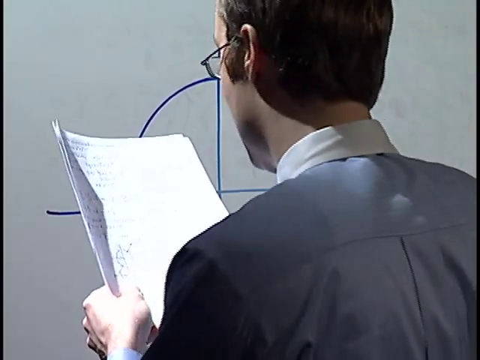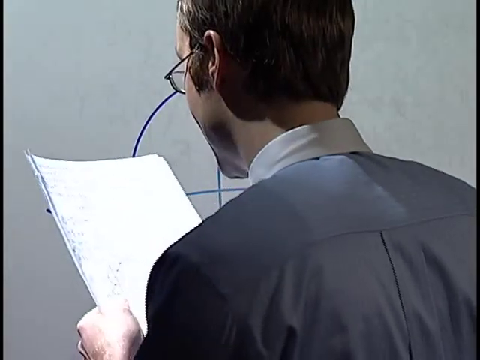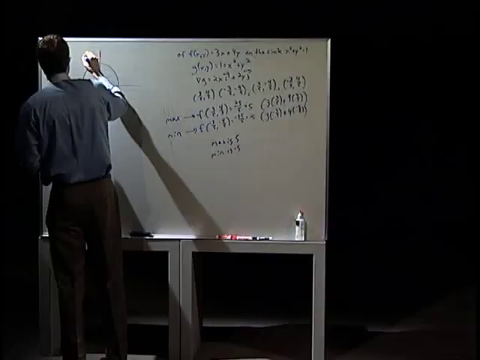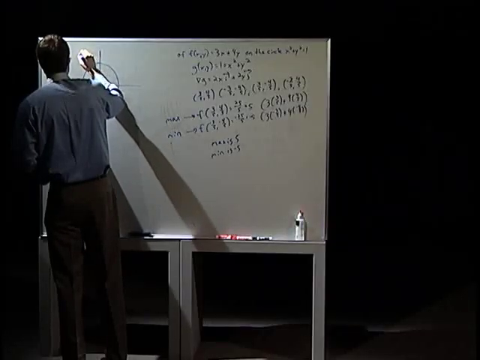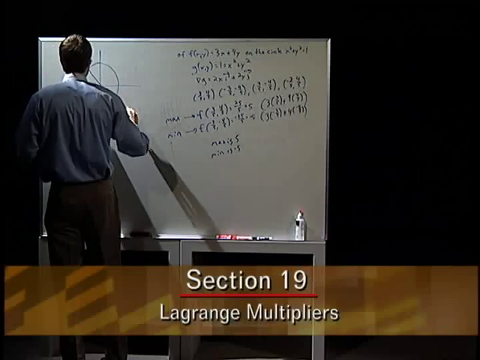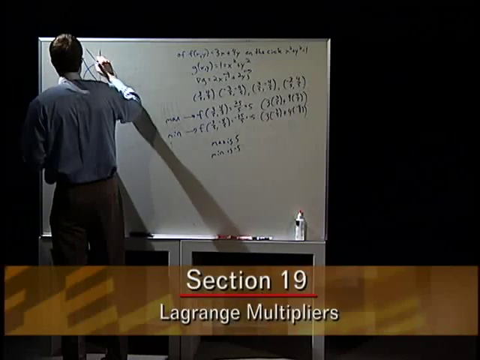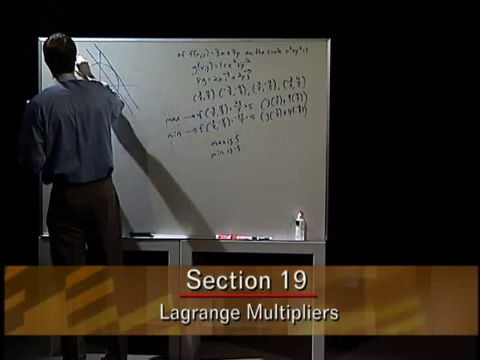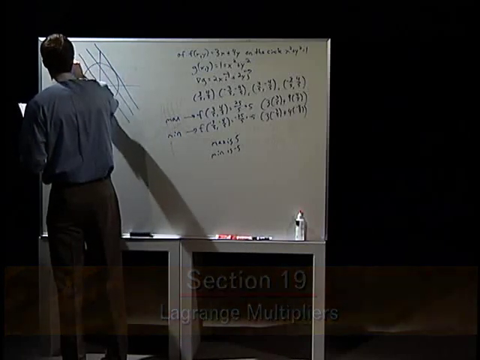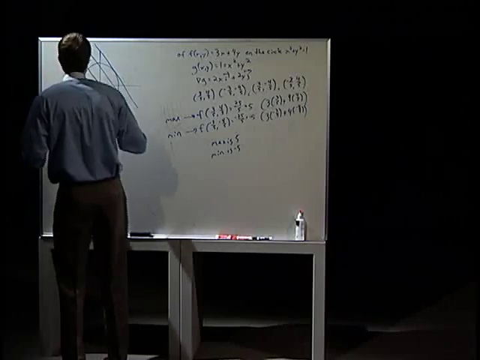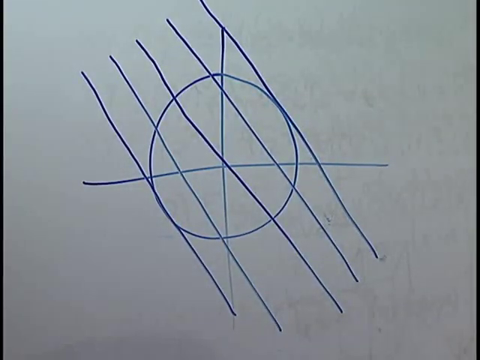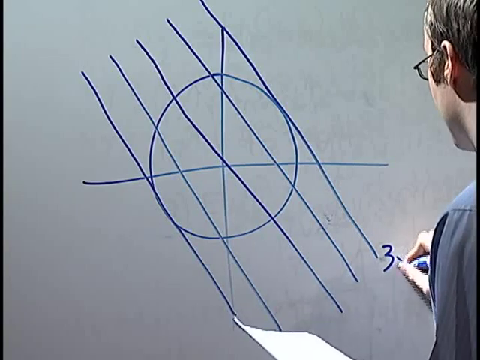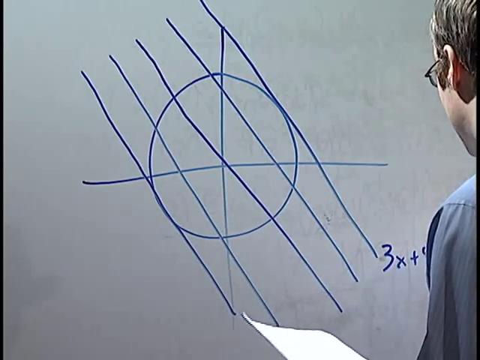Let's draw some lines, the line 3x plus 4y equals something. So this is the line 3x plus 4y equals 5.